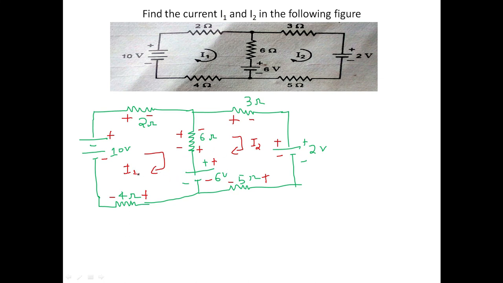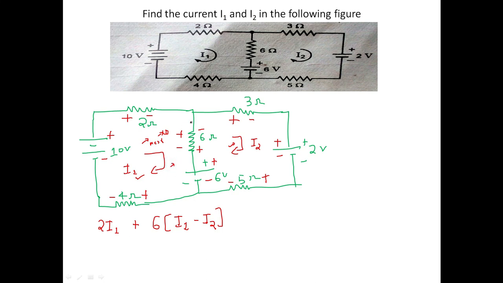Now first we calculate this loop 1, that is mesh 1. How can we calculate? First we consider 2I1 plus 6(I1 minus I2), because we are considering I1 as the higher one and I2 as the lower one in this loop.